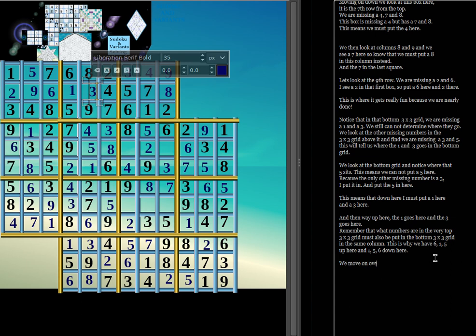We move on over and see that these 3 empty squares in a row is missing a 1, 4, and 6. We look at the first column in the 3 by 3 grid and see a 4 and 6.